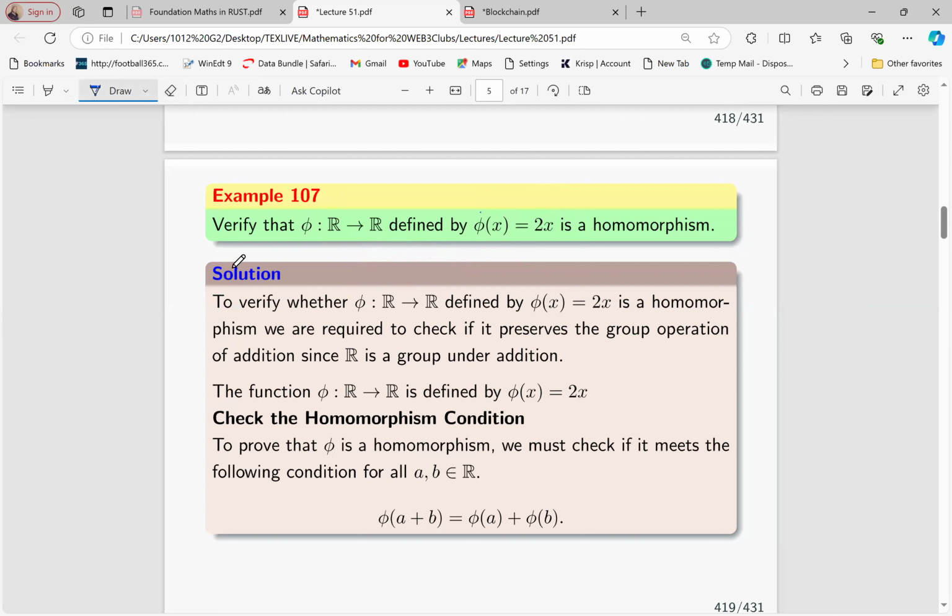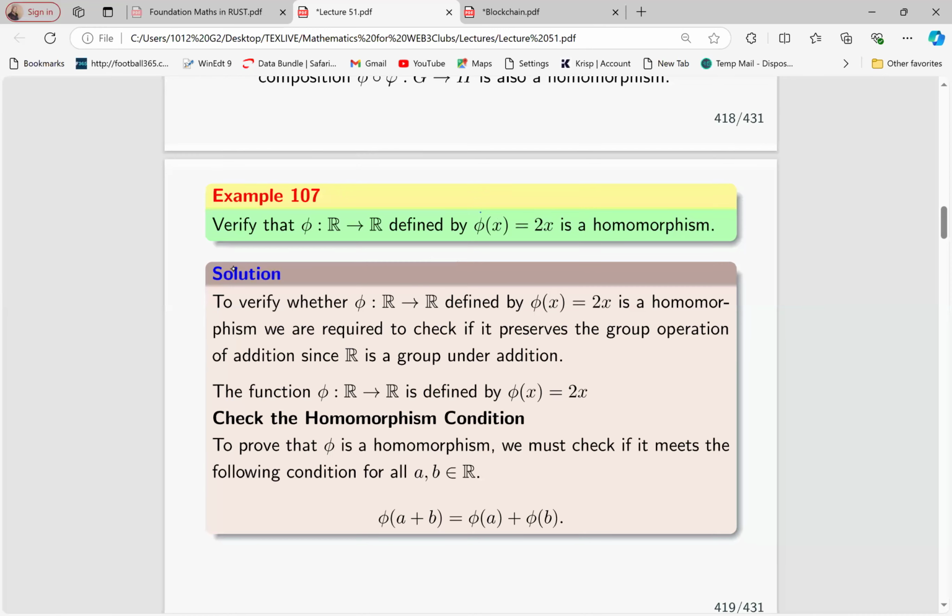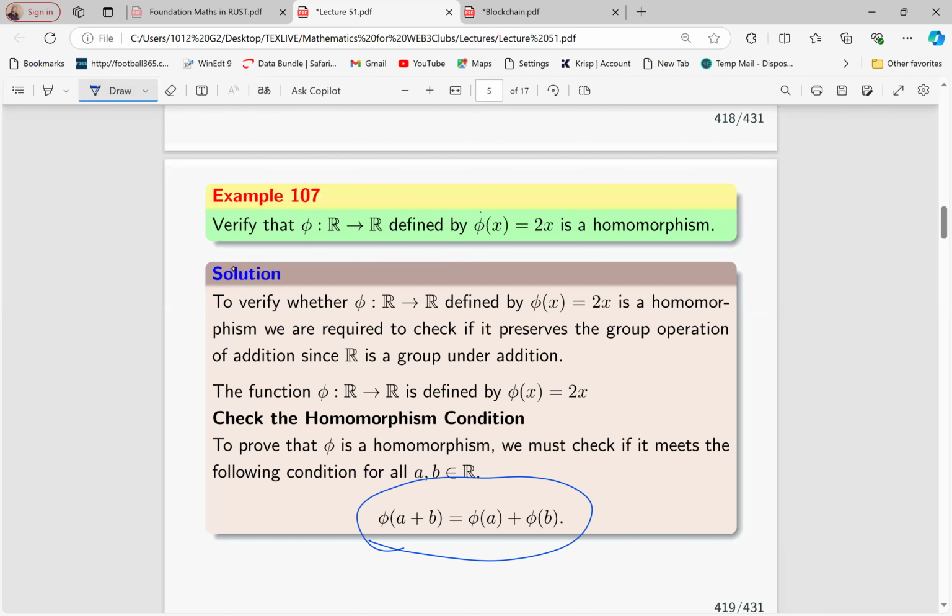The question says, verify that phi mapping R to R defined by this is a homomorphism. So for us to verify, this is what we want to show. To verify that it is a homomorphism, we are required to check if it preserves the group operation of addition, because this is an additive group.